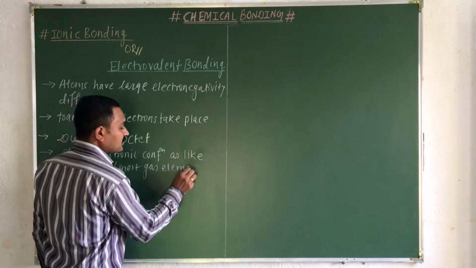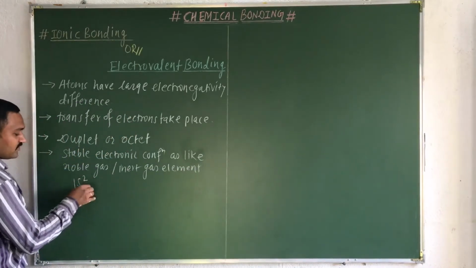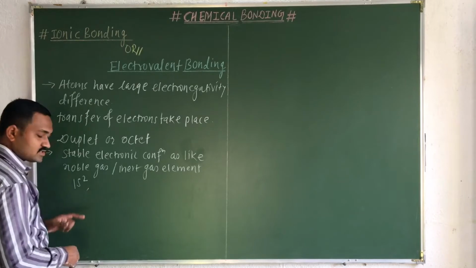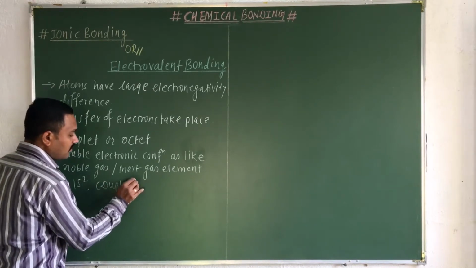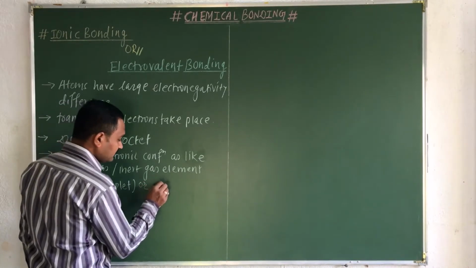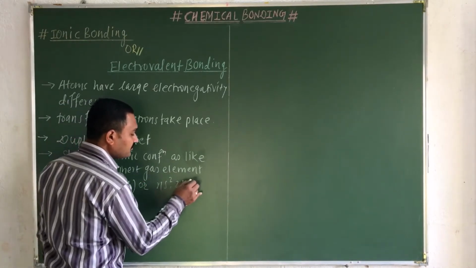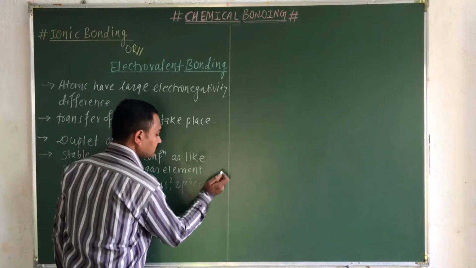These elements show the stable electronic configuration 1s2, which is the duplet, or they achieve the octet, that is ns2 np6.